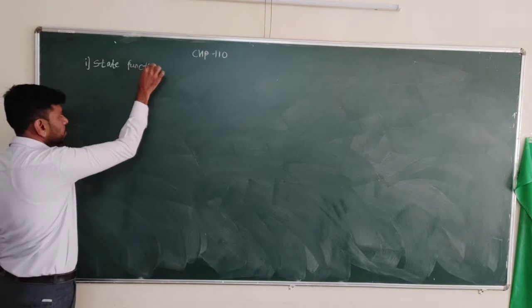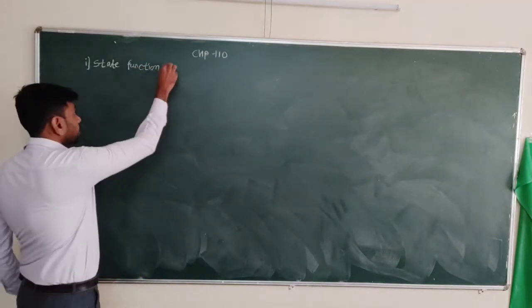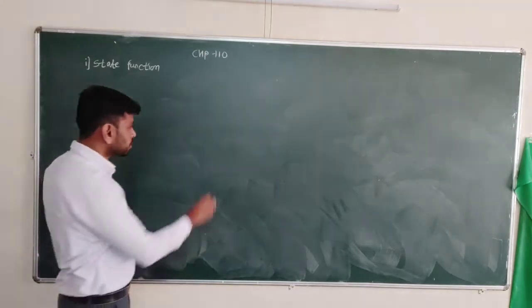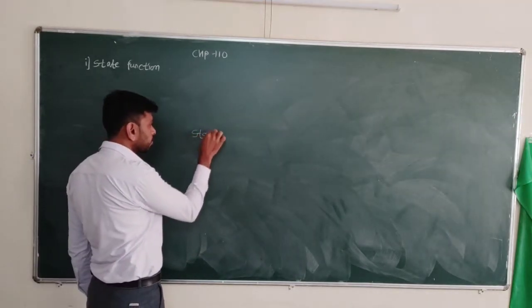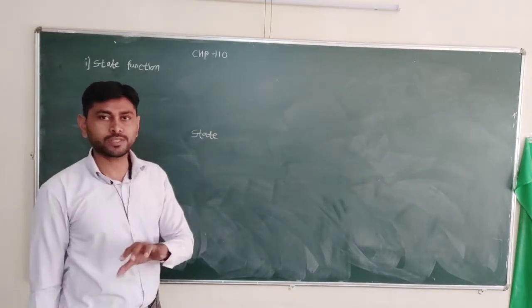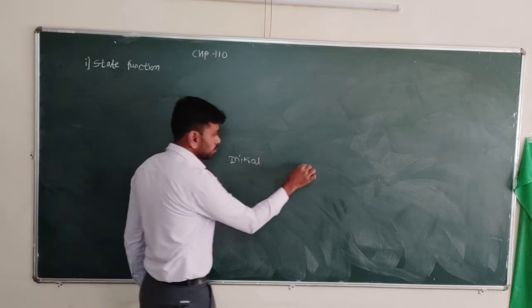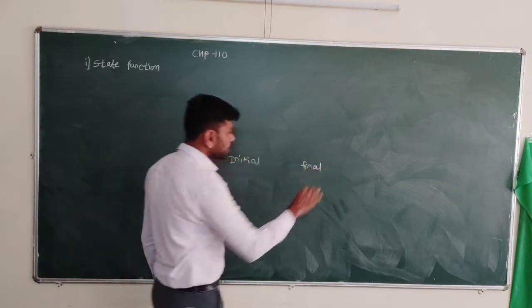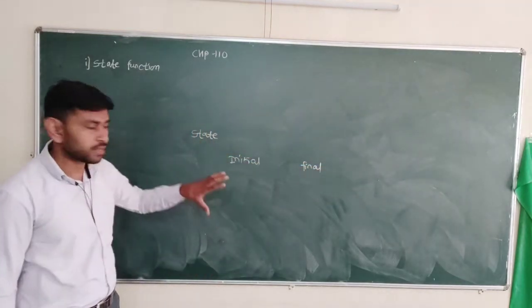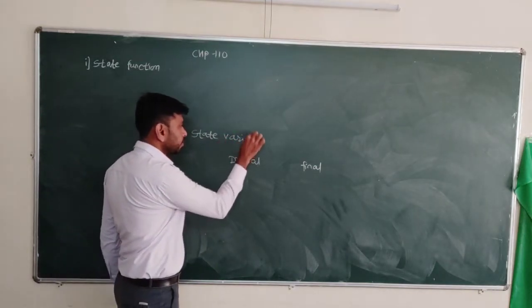So, state function. We know that in the last lecture we saw state variables. What are state variables? Those whose values define the state of the system, such as the initial state and final state. The state of a system is defined by some variables, some parameters, and these are nothing but state variables, and they have some value.